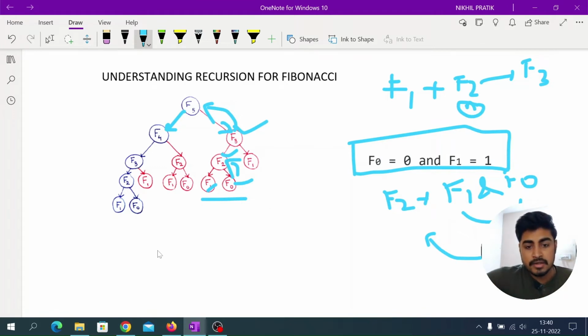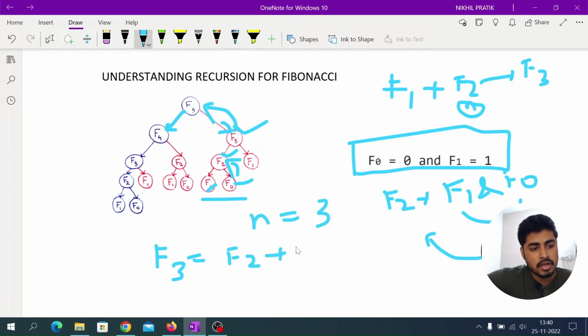Let's say I have f3, and in this case n's value is 3, so we'll need f2, f1 and f0 in order to find the value of f3. As we have seen in the previous case with f5, we need two previous values, so we divide it into two subproblems. Now in this case we need three of the previous values.